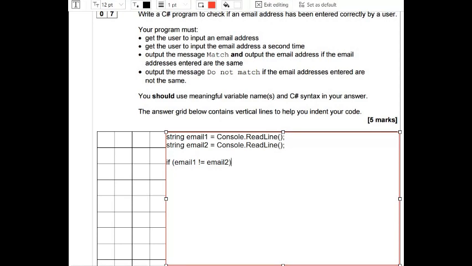And brackets. Then we have curly brackets, and then we're going to have console.writeLine do not match. And then we have a closing curly bracket. If you have an open curly bracket, you've got to have a closing one.